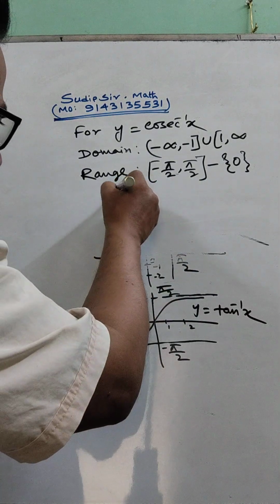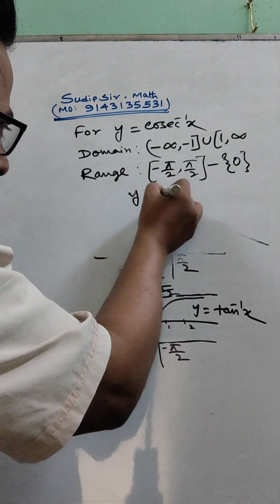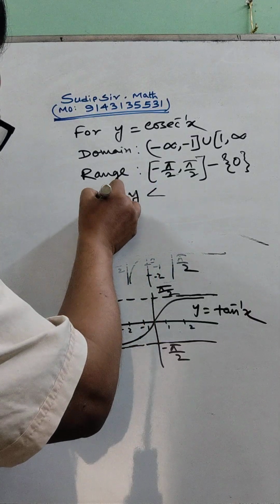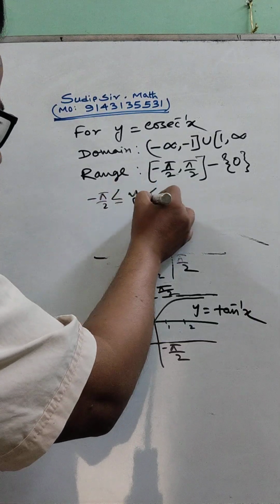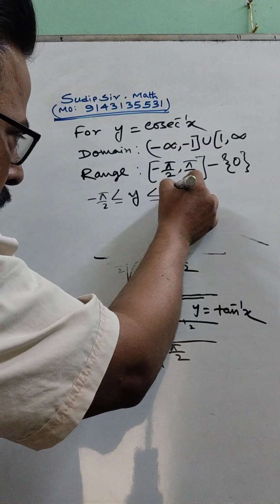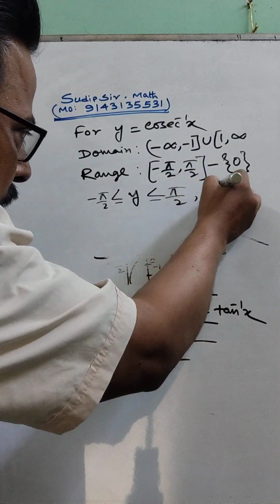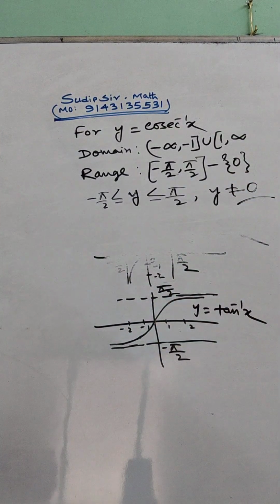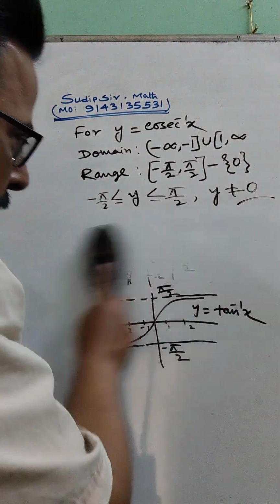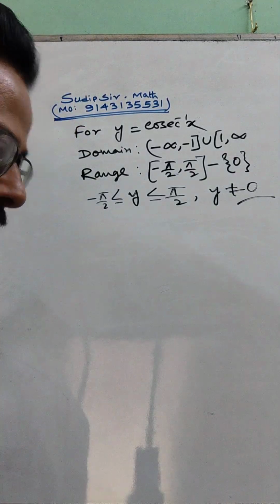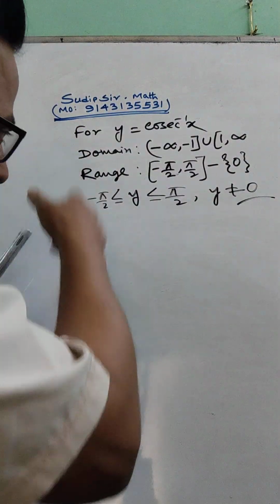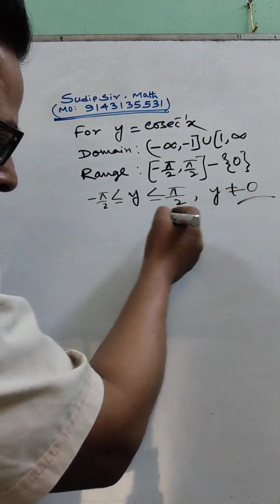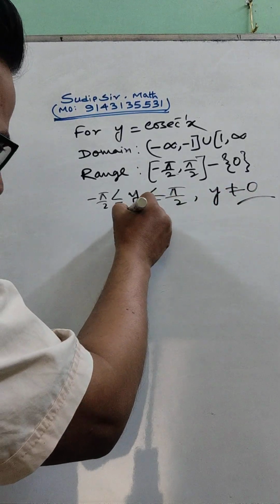That is, y lies between minus pi by 2 to pi by 2, but y not equal to 0. And this is the principal value.